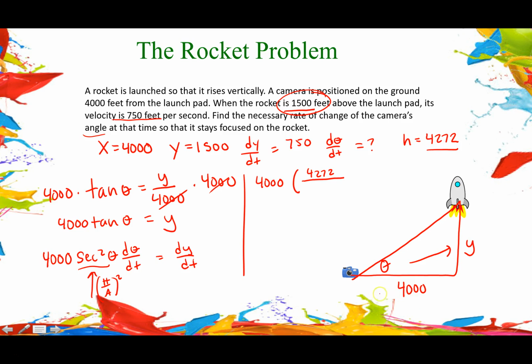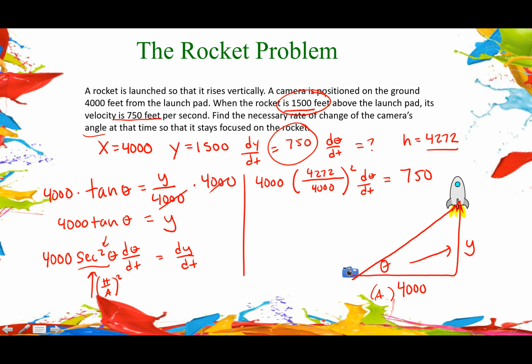My adjacent is going to be this 4,000. I have to square it because it's secant squared. D theta dt is equal to dy dt. Well, dy dt we actually already know is what? Where is that? 750, so I can plug in 750 there.